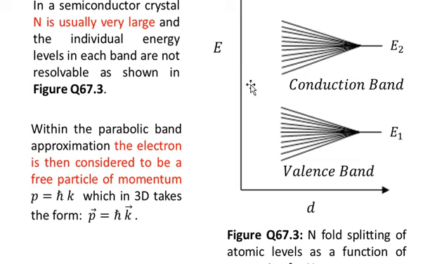So this is the plot of energy E along the vertical axis, and the separation D between the atoms is plotted on the horizontal axis.